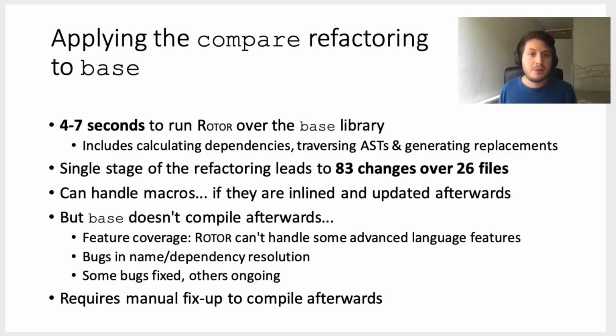This leads to bugs in the dependency resolution, where some compare functions are not replaced as they should be. We were able to fix some of these bugs, but others are still ongoing. At this moment, compiling the base library still requires some manual fix-up.